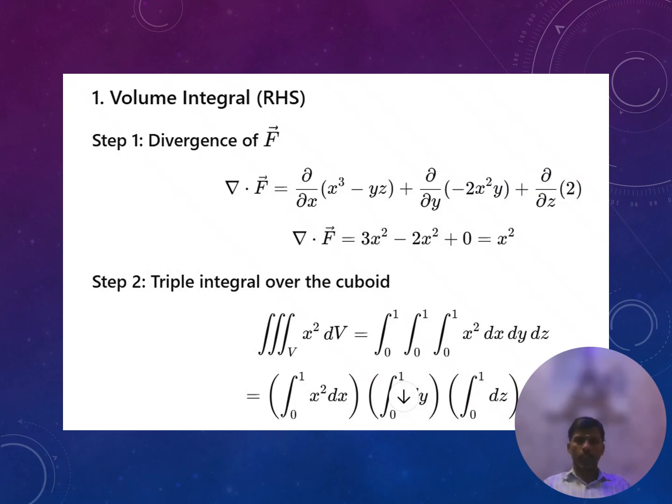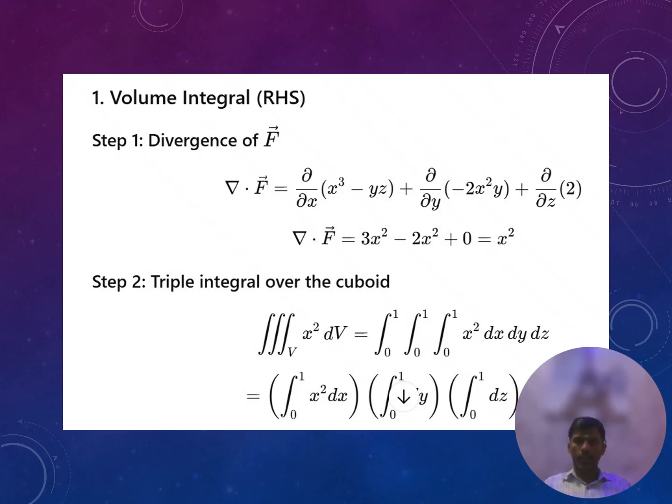Differentiate with respect to x: x cube minus yz. The derivative of x cube is 3x square, and the term yz is independent of x, so it gives 0. So 3x square minus 0. Differentiate with respect to y: minus 2x square is independent of y, so we keep it as a constant, and the derivative of y is 1, giving minus 2x square.